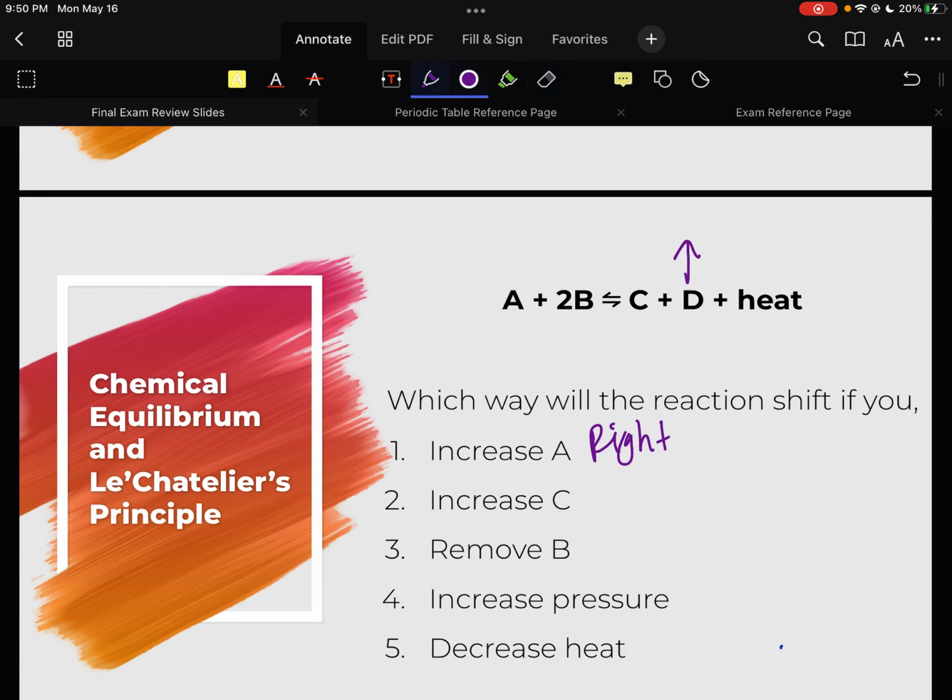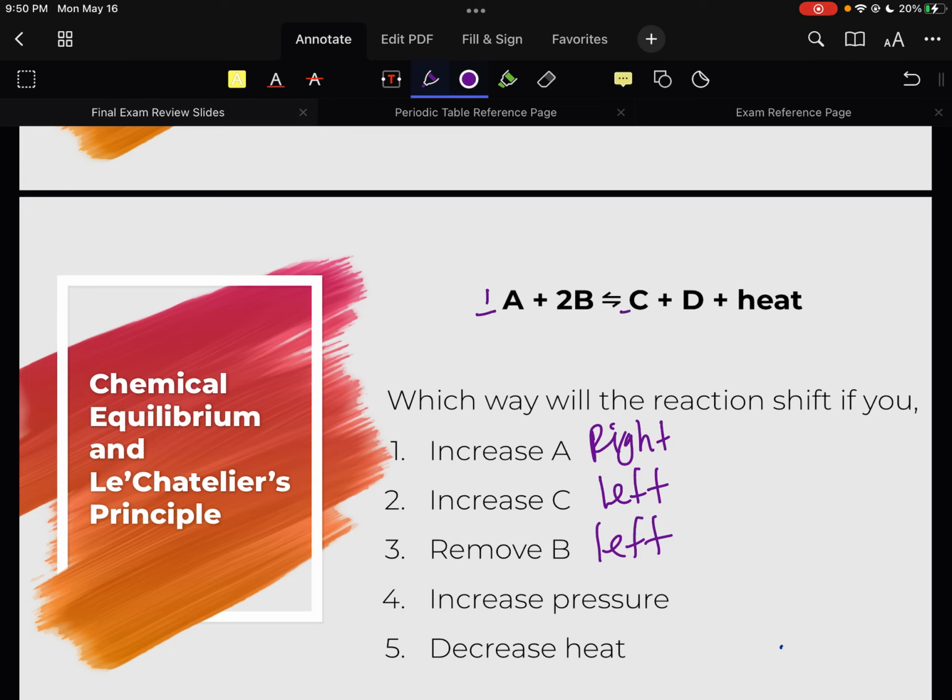If I increase C, that means now the right side has more, so that means it needs to shift to the left in order to even out. If I remove B, so that means take some out, that means the left side has less, so it's going to shift to the left to even out both sides.